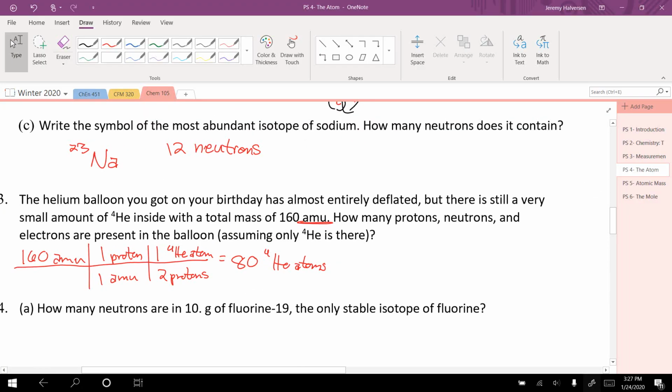It's kind of a roundabout way, but if we have 80 helium-4 atoms, then we know we have 80 protons, 80 neutrons, 80 electrons.